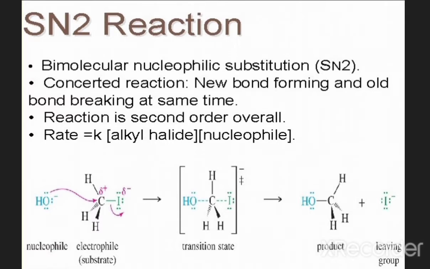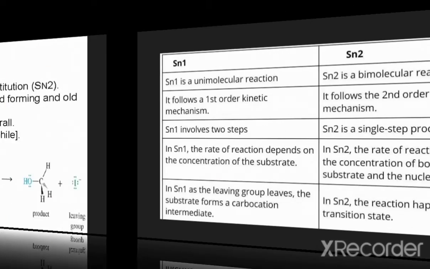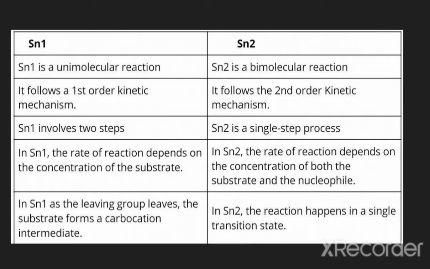At the same time the leaving group leaves, and the nucleophile forms a bond with the carbon of the alkyl group or substrate. In the next slide we will see the difference between the SN1 and SN2 mechanisms.